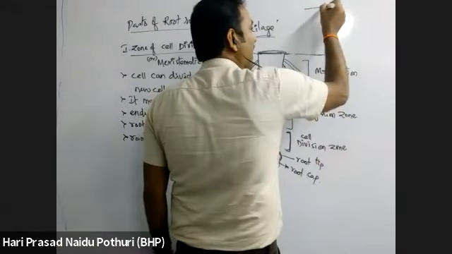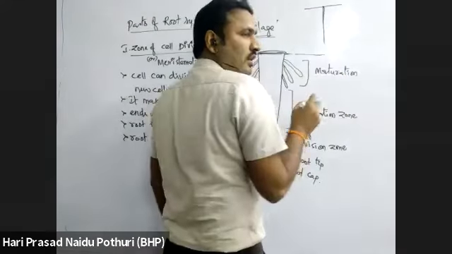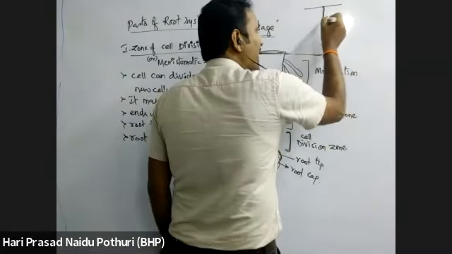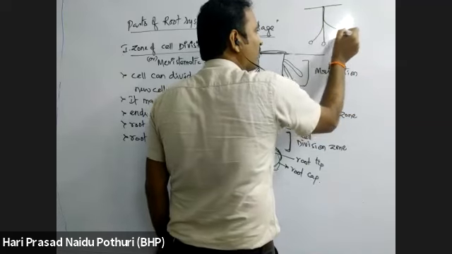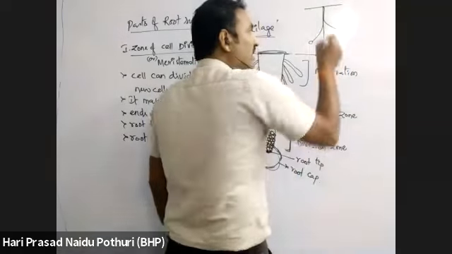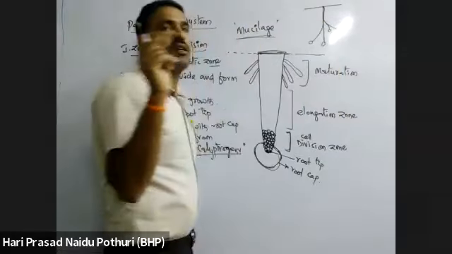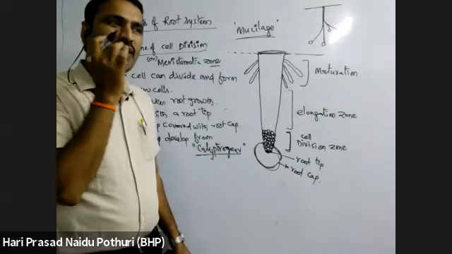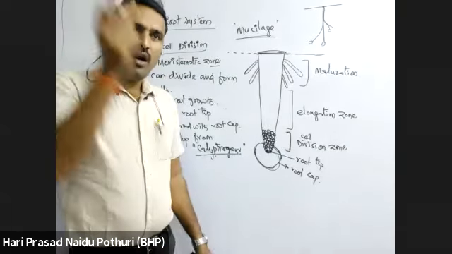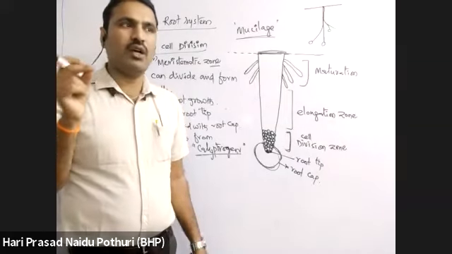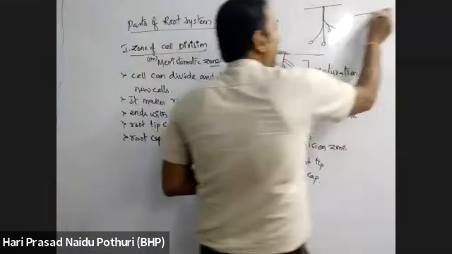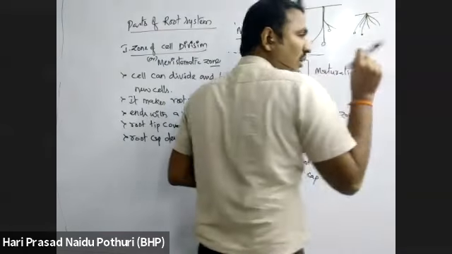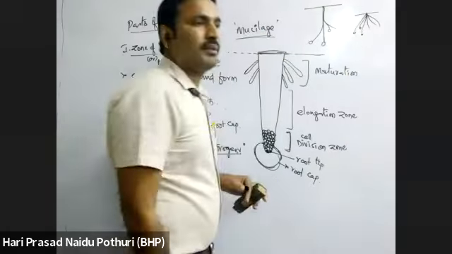That taproot system has one primary root that has a root cap, and secondary roots have root tips with root caps. If tertiary roots are there, every root tip is covered with a root cap. What about fibrous roots? Fibrous roots are all hairy roots which are grouped. Each and every fibrous root has one root tip that is covered with a root cap.